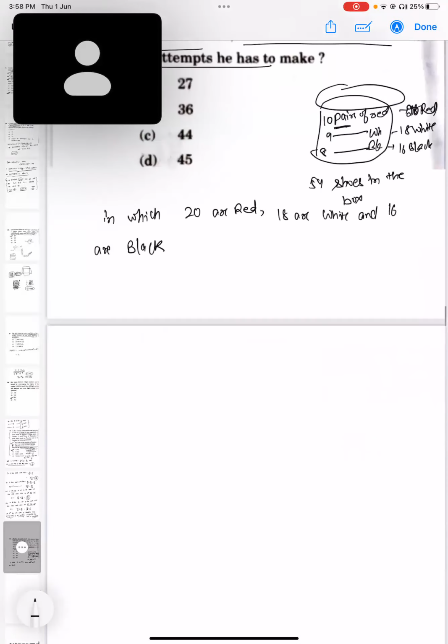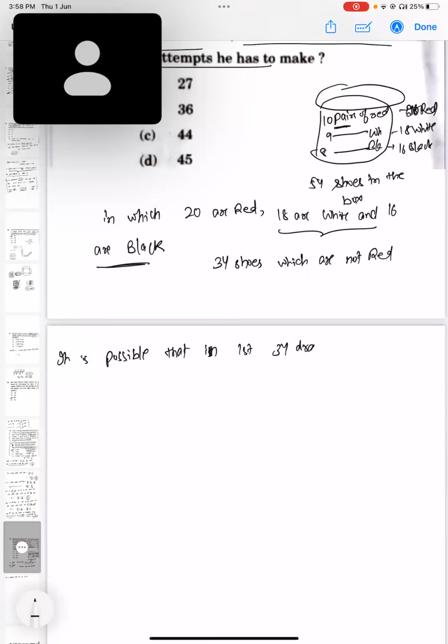Since we have 16 black shoes and 18 white, we have 34 shoes which are not red. So it is possible that in the first 34 draws he does not get a red shoe, right?